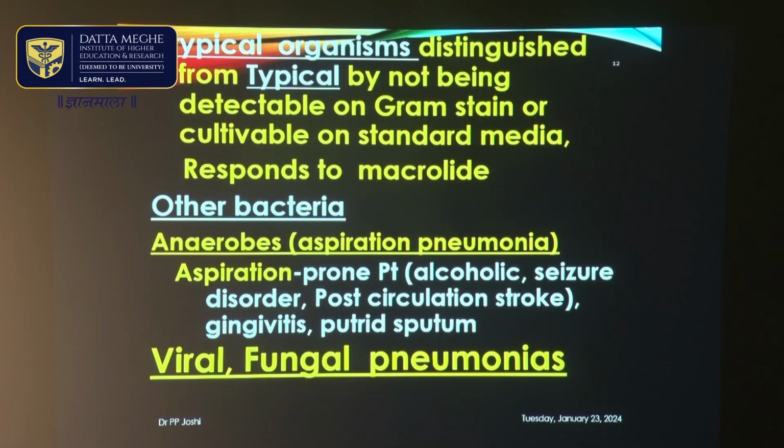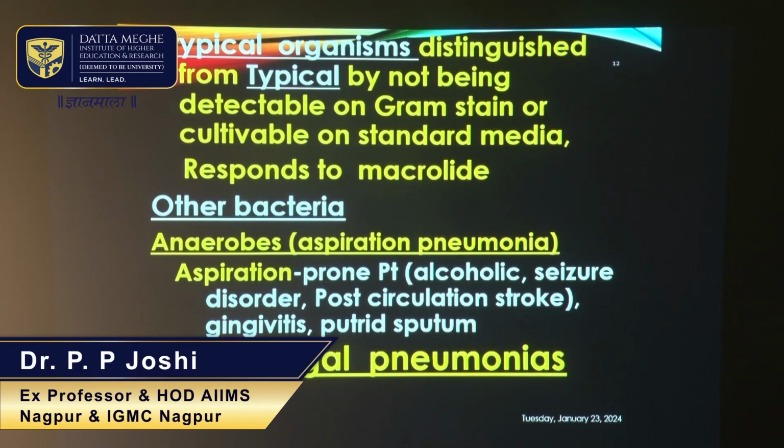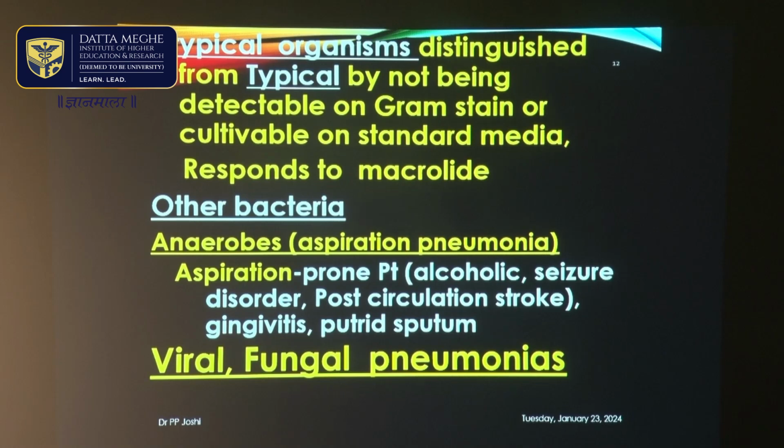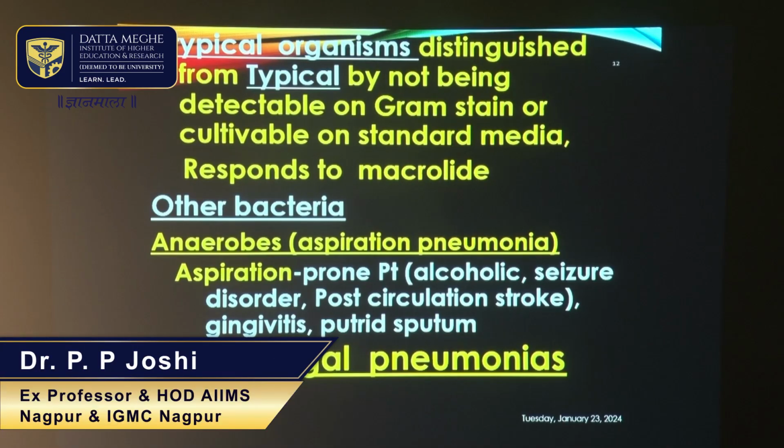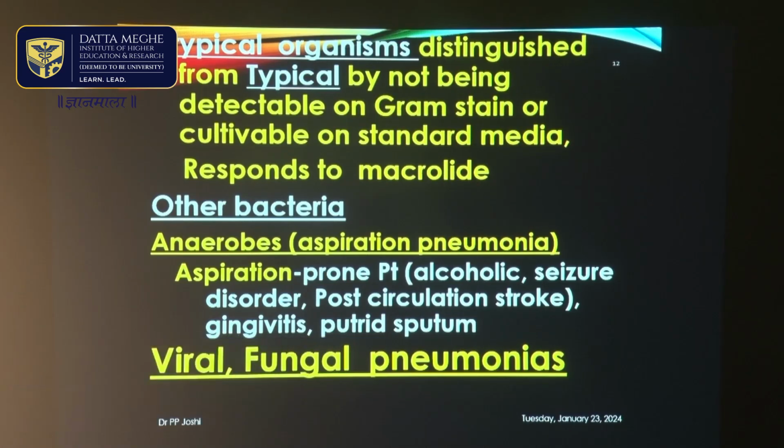Atypical organisms are distinguished from typical, that means chlamydia group of organisms and mycoplasma are distinguished from other organisms which cause typical presentation like Haemophilus influenzae and Streptococcus pneumoniae. These atypical organisms are not detected by gram stain on the sputum, and they are not cultivatable on standard media, and they respond to a macrolide antibiotic like azithromycin. Other bacteria which can cause pneumonia include anaerobes.